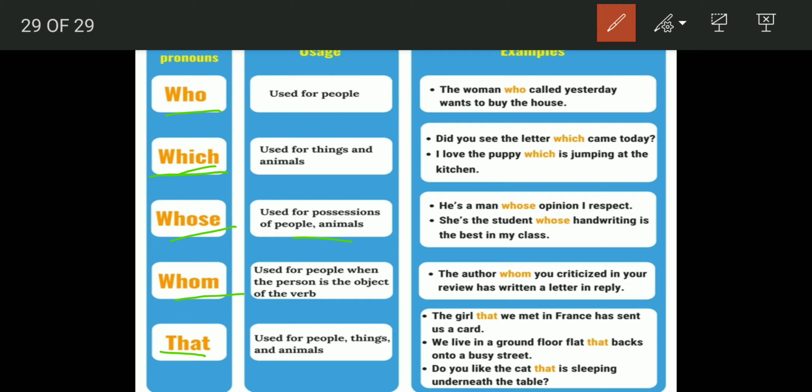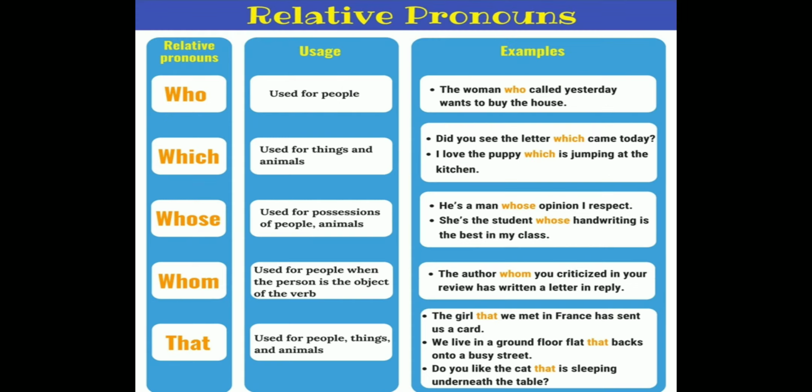We live in a ground floor flat that backs onto a busy street. Do you like the cat that is sleeping underneath the table? So that can be used accordingly, for person, place, thing, and animals also. So it is with practice that you can learn, but remember these terms which are used to join sentences and refer to the noun are called relative pronouns.